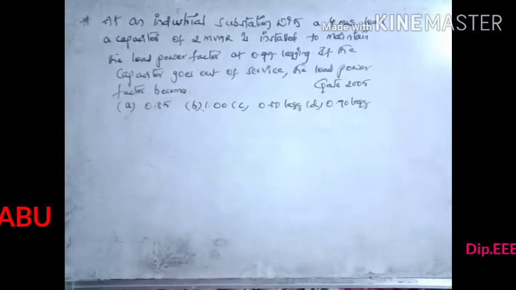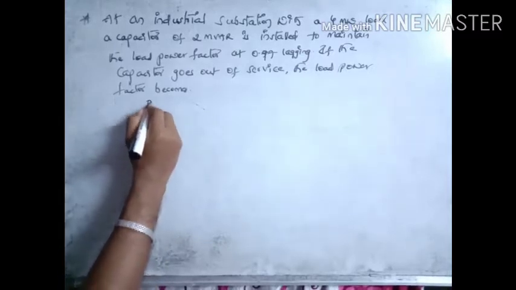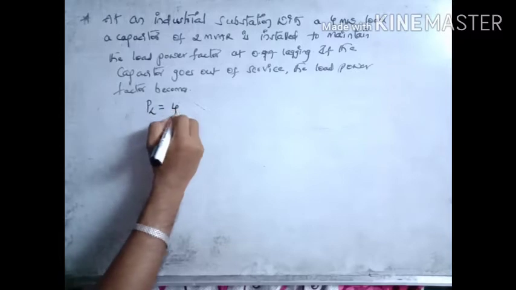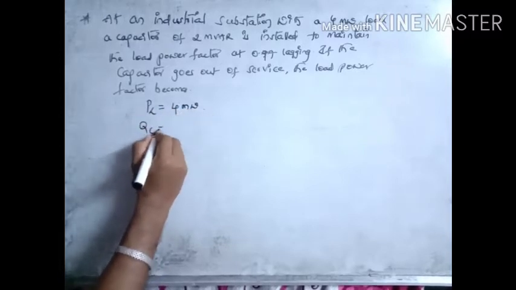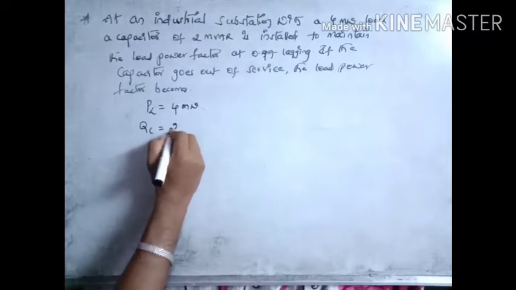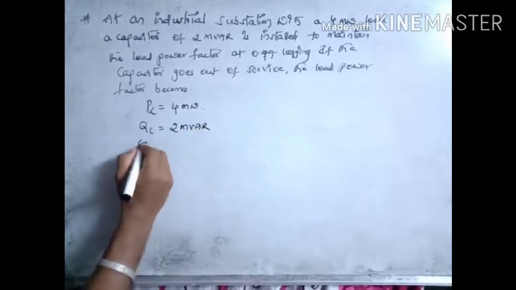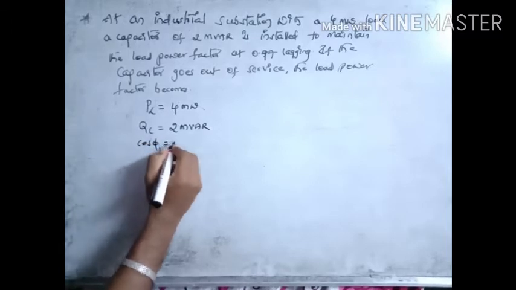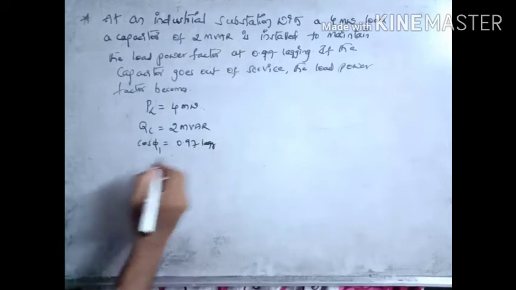So the solution for this problem will be: the active power PL is given as 4 megawatts, and the reactive power QC applied is 2 MVAR, and the power factor cos phi 1 equals 0.97 lagging.